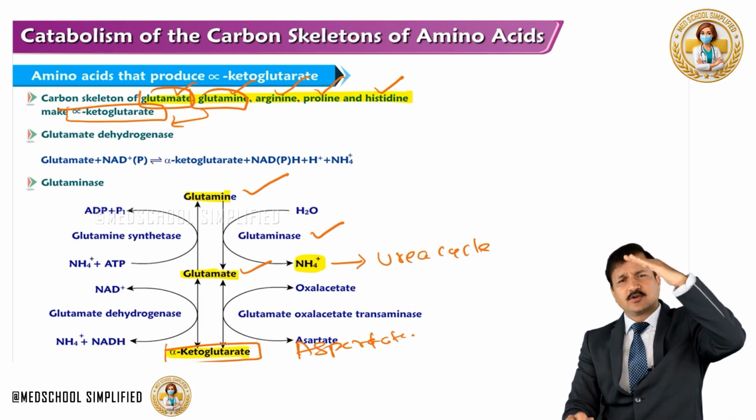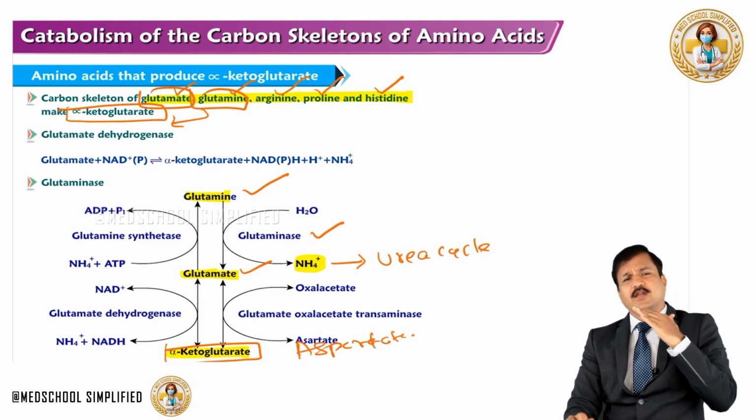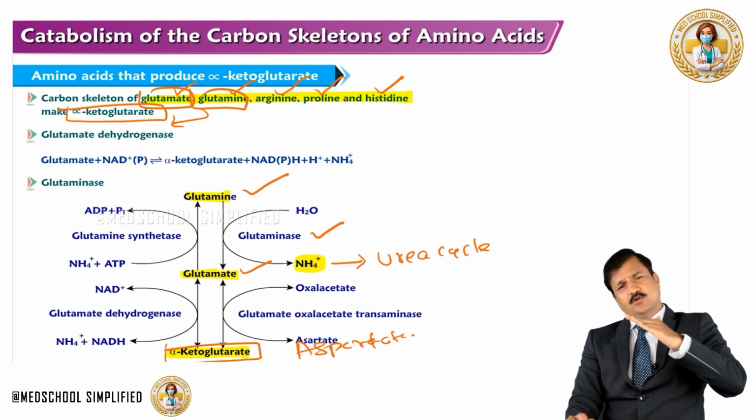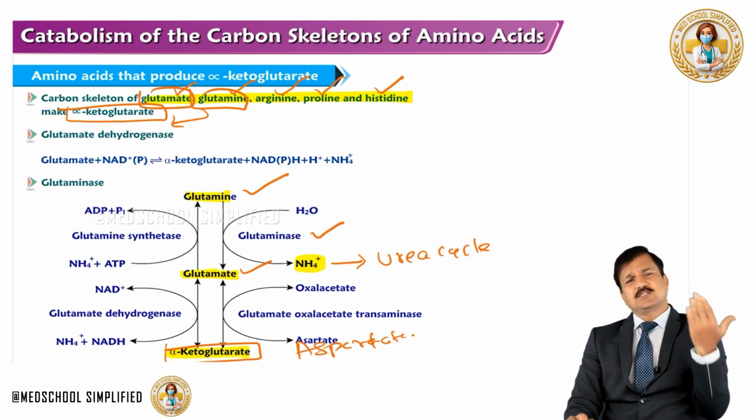So we are going down: glutamine to glutamate, glutamate to alpha-ketoglutarate. Going from below to top, alpha-ketoglutarate to glutamate, glutamate to glutamine, is the synthesis of these amino acids.